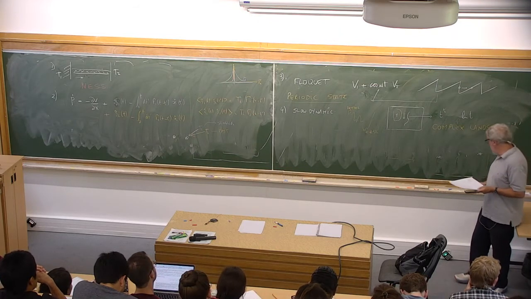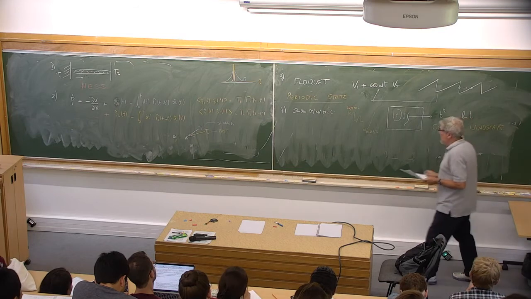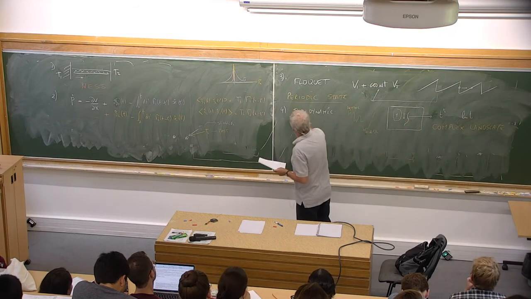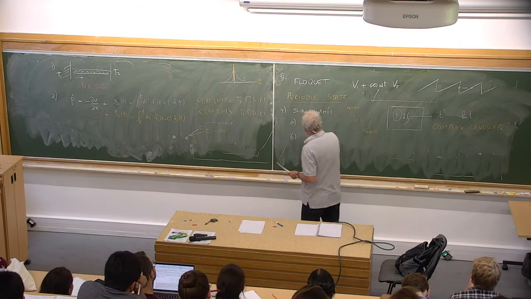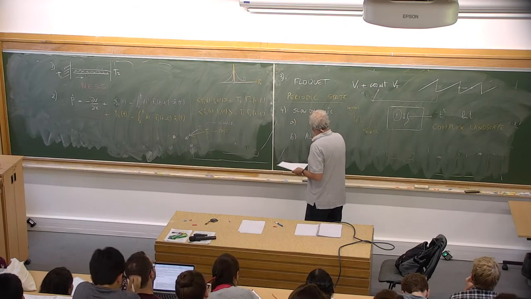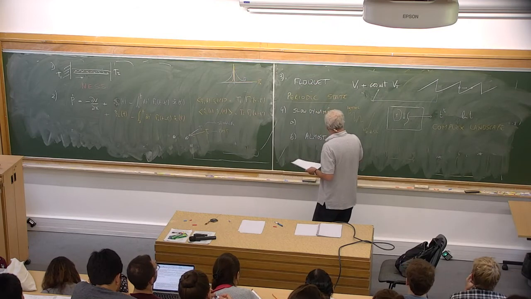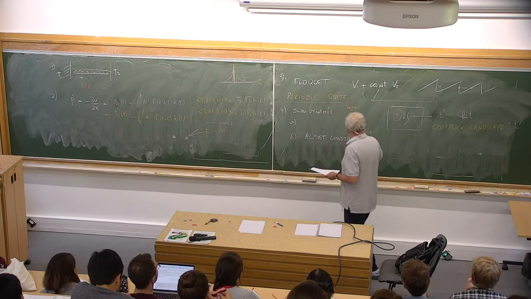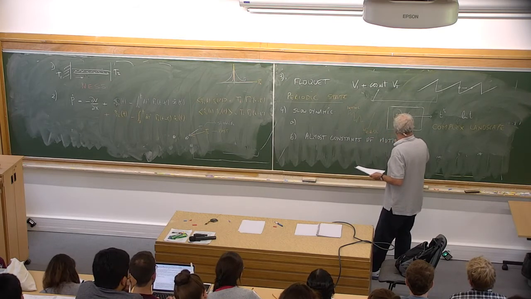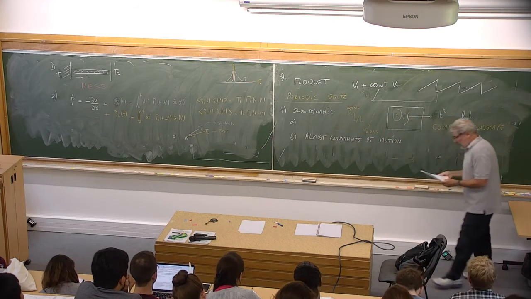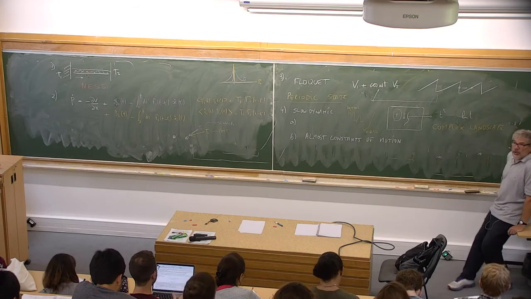Another example is a system that has, so this would be A, complex landscape, and B would be a system that has almost constants of motion.